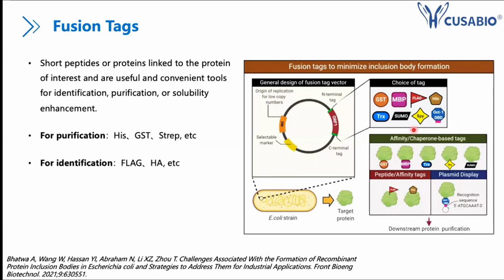So fusion tags are usually proteins or peptides that are linked to the N-terminus or C-terminus of the protein. They are convenient tools. They can be used for identification, purification, and also to increase solubility. The His tag is a very popular tag, and people use it a lot.